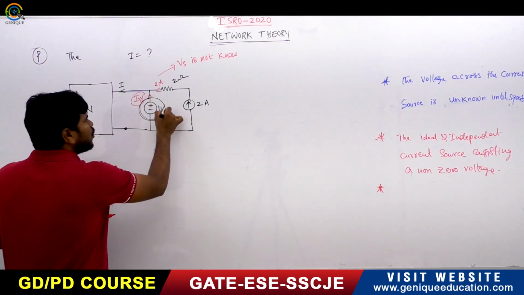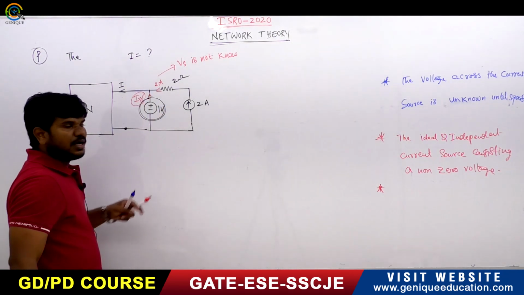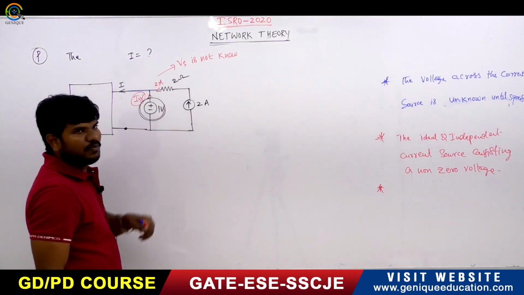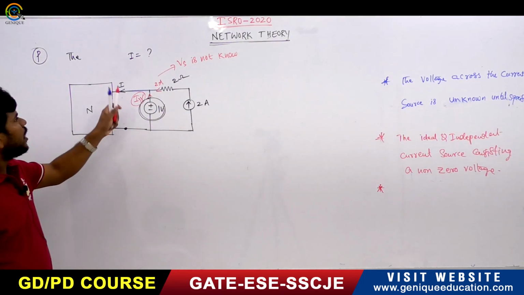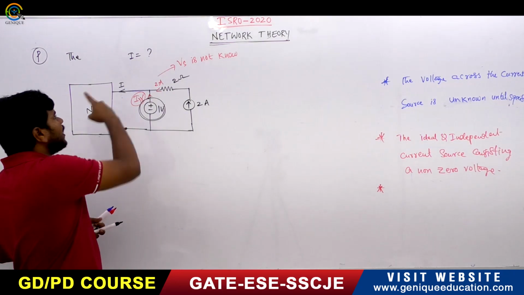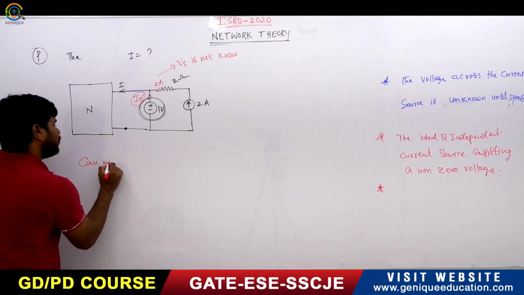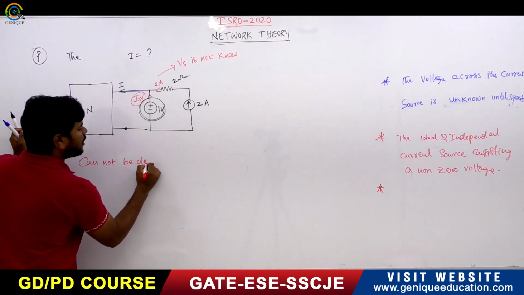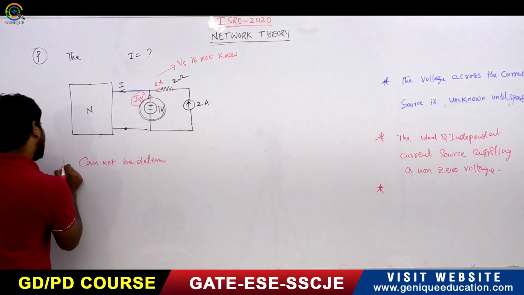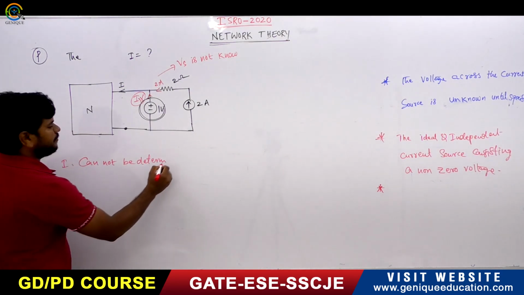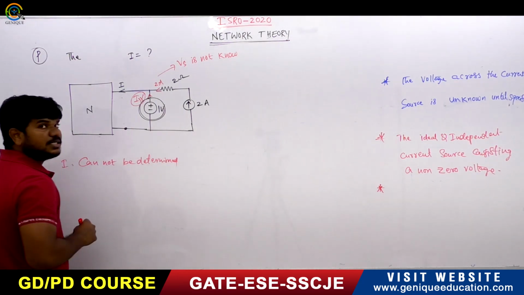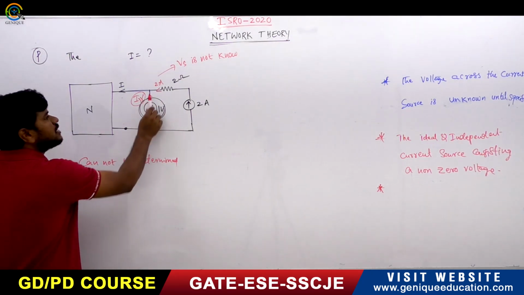Because we are not able to decide the current through this 1 volt source, we are unable to find the total current. So I cannot be determined is the answer.